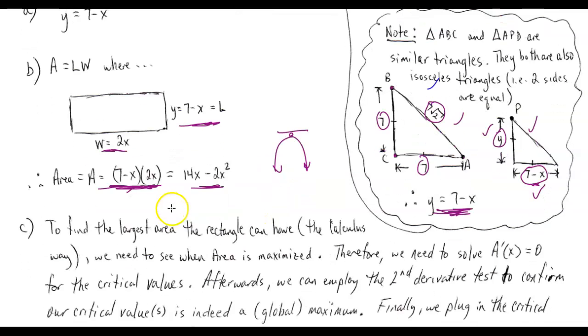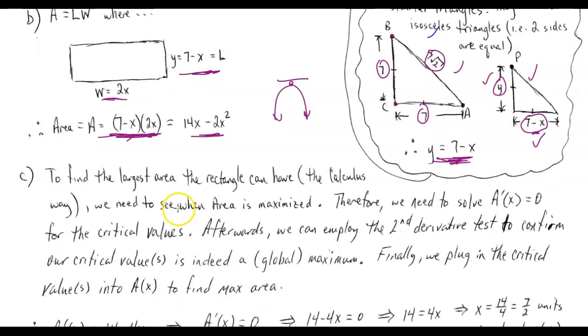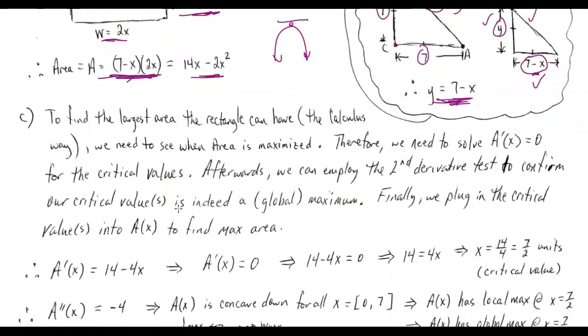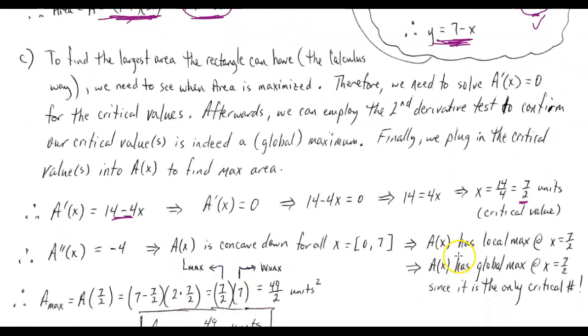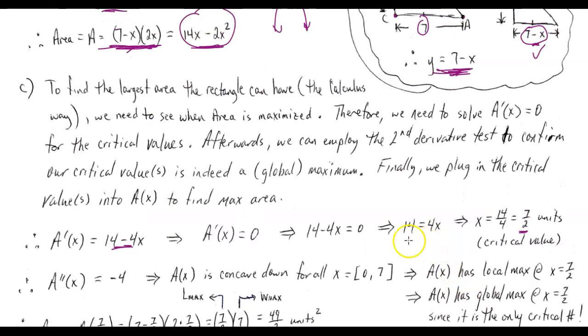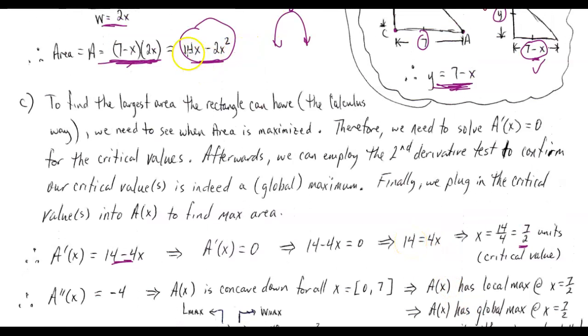test to show that. So in this case, we take the derivative of our area here, which is just going to be 14 minus 4x, set it equal to 0, and we see that once we solve for x, we get 7 over 2. Now, again, since we had a quadratic function for the area to begin with, we know that if we take the second derivative of area, we're just going to get some constant.